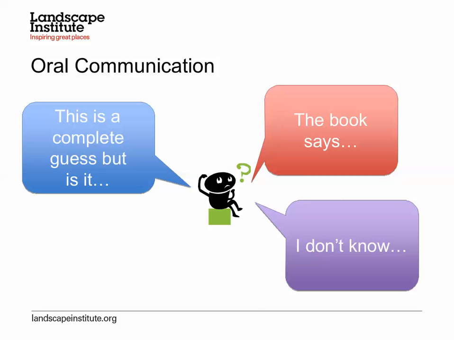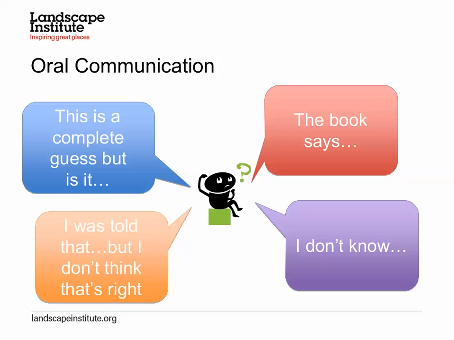This is related to the final example I've got, which is, "I was told that this is correct, but I don't think it is." This is a terrible, really passive answer to give. It's the kind of answer you might get from someone at school or possibly university, where they're in the mindset that someone is going to come along and tell them information, and they're then going to memorize it, write it down and regurgitate it later on.